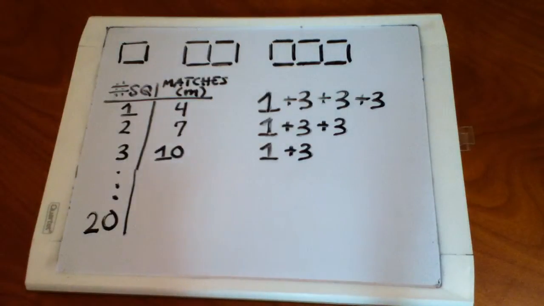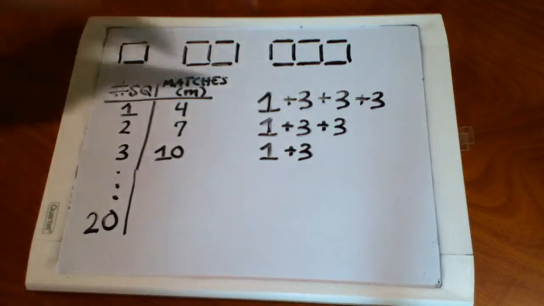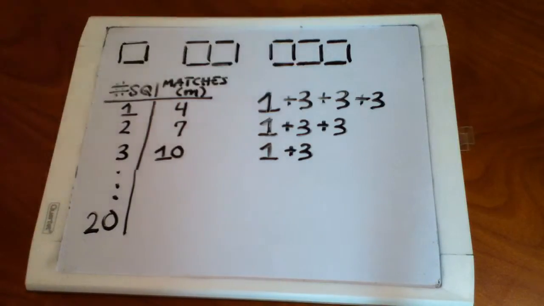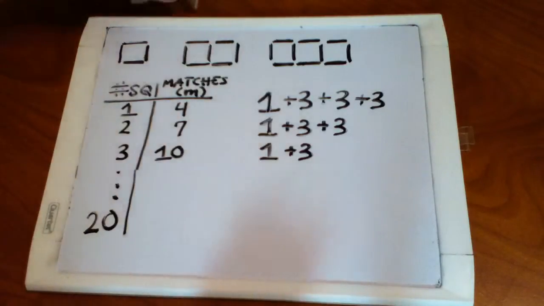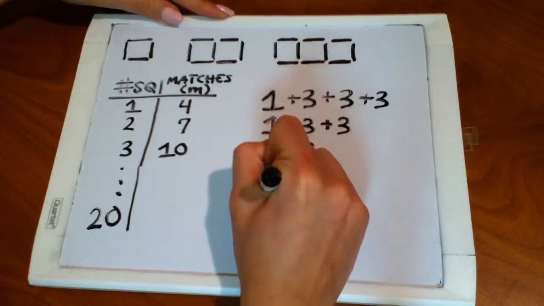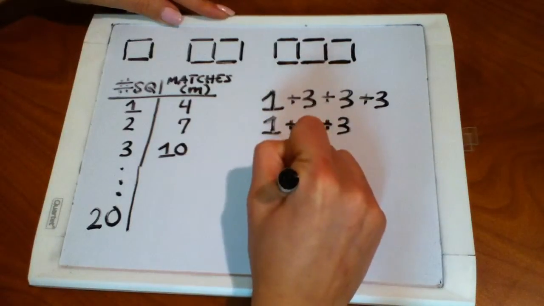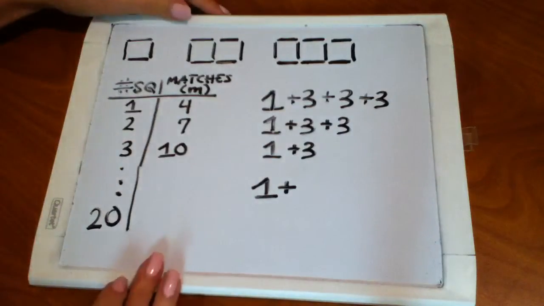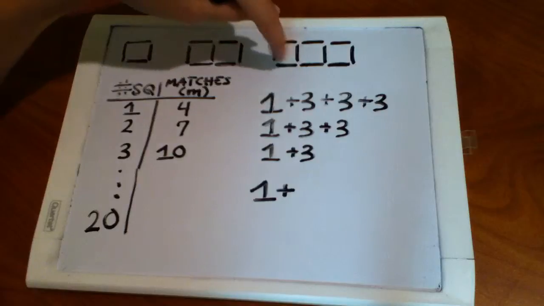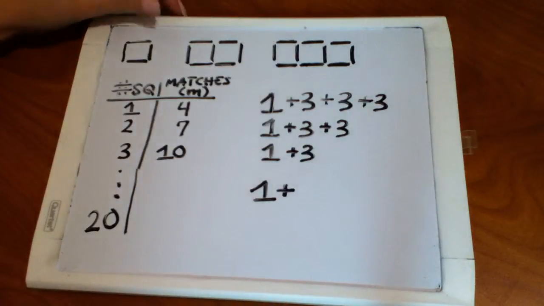So what we can do now is come up with an algebraic rule to describe this to help us find greater numbers. So if you look at this, it basically means that for every square, you add 3. So we could turn this into a multiplication rule. You're always going to add 1 plus something, and then you're always going to have 3 matches for the amount of squares you have.